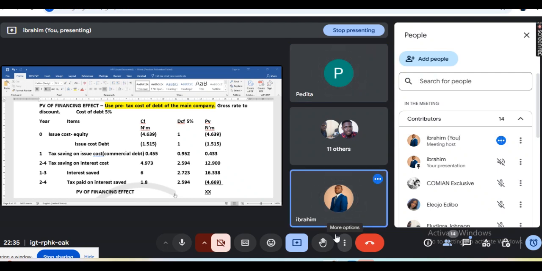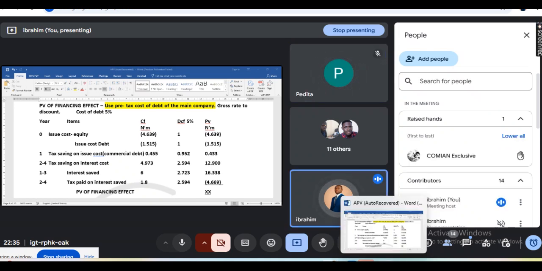No, it won't give something different. So the best is to do year 1 to 4, then remove year 1. You can try it, but I've not tried that method, and I know it may not give you the same answer. Thank you. You're welcome.